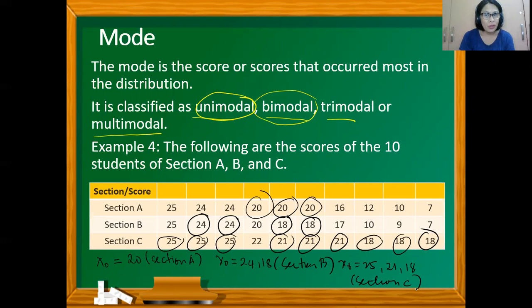In some situations also, we come up with three highest frequencies or more, and we call that trimodal. We also have one highest frequency and we call that unimodal. Again, in the event that the observations are unique from each other, then there is no highest frequency, so we consider the mode equal to 0. Okay, I hope you were able to understand the idea of the measures of central tendency for ungrouped data.